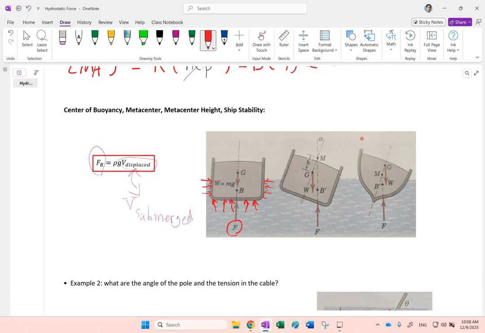Now, if you tilt it, what's going to happen? If you tilt it, now you have a little bit horizontal here, more horizontal here, and some forces at angle here. Okay, yeah?